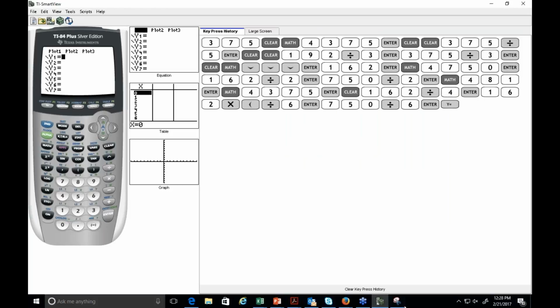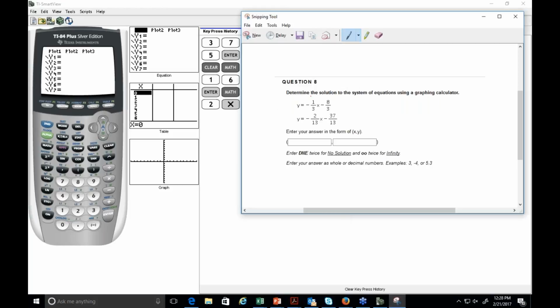Lucky for us, these are already set equal to y. So we're going to put in our first equation here. I like to put my fractions in parentheses. It really depends on what kind of calculator you have. Some calculators will set up your fraction for you, but I don't think this one does.